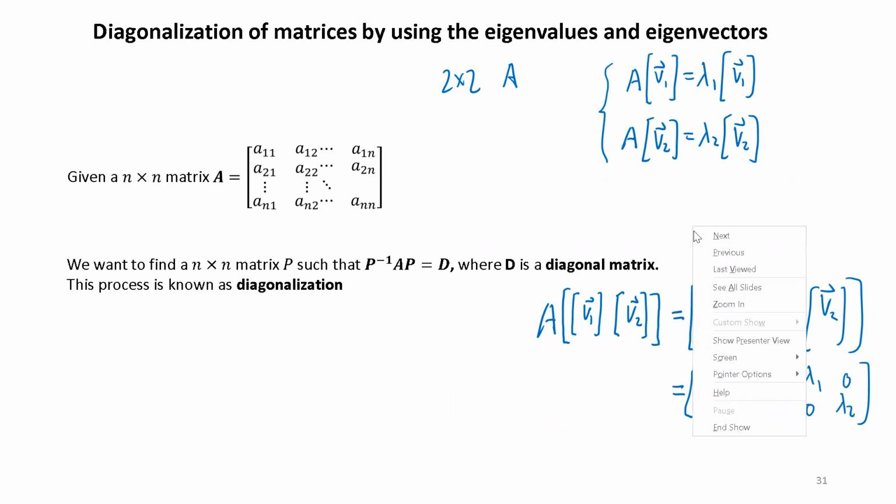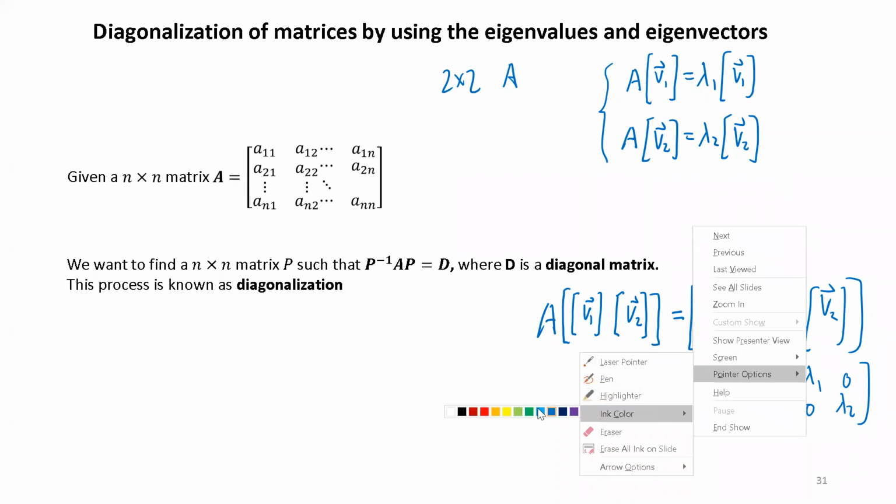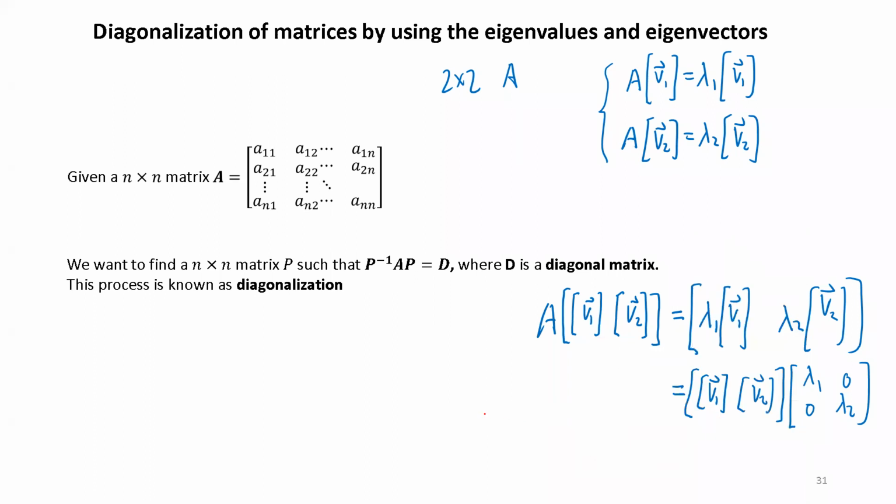So now I'm going to call this matrix P, so that means this is also P. And this matrix here is a diagonal matrix, which I call D. So from this, I have AP equals PD.